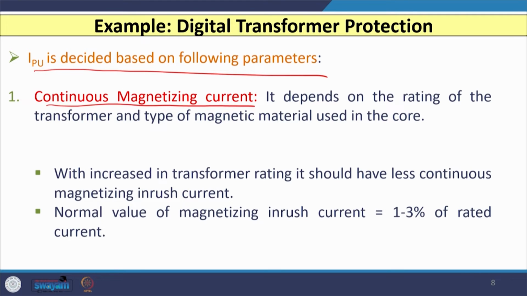As we increase the transformer rating, the continuous magnetizing current becomes less, and the normal value of magnetizing current is 1 to 3% of the rated current. So, when we decide the setting of IPU, we need to consider this.